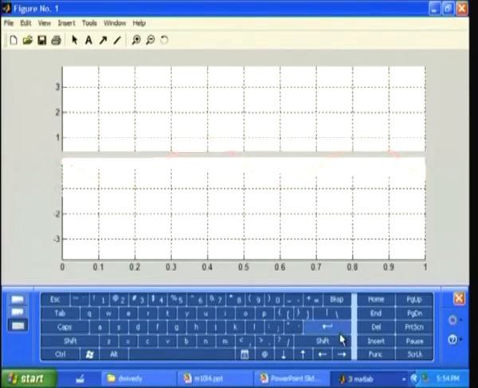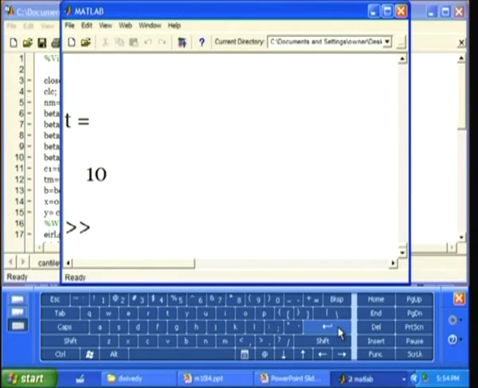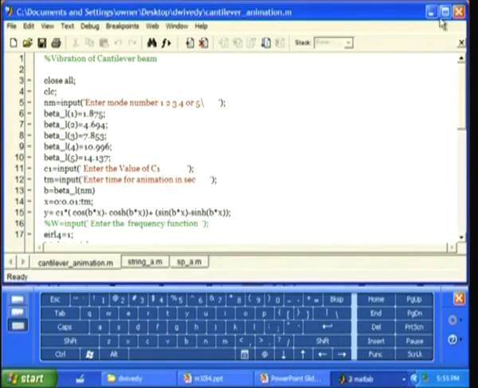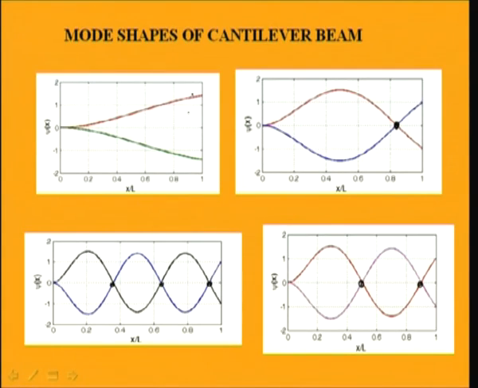These mode shapes correspond to the normal modes of the system. In these normal modes, for the first mode the beam is moving either upward or downward.